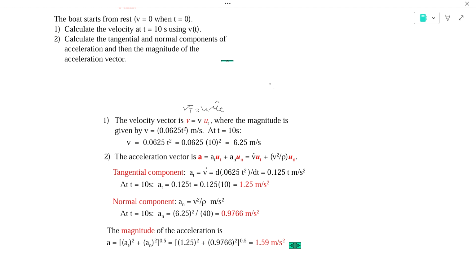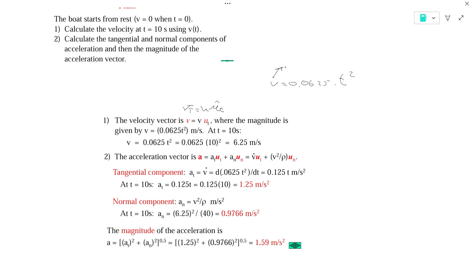So the expression they're giving us is v equals 0.0625 times time squared. This is already a function of time. It's not a function of distance, not a function of x or s, so we don't need to do the chain rule.